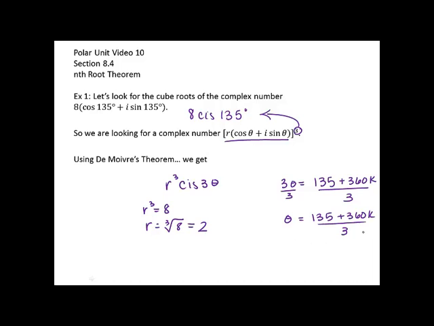So I'm going to take this right here to my next screen. So I had that theta equaled 135 plus 360 times some value of k. Well, k is always going to be any integer, positive integer. So in this case, and I'll explain in a moment why we're using this, I'm going to use k equals 0, k equals 1, and k equals 2.